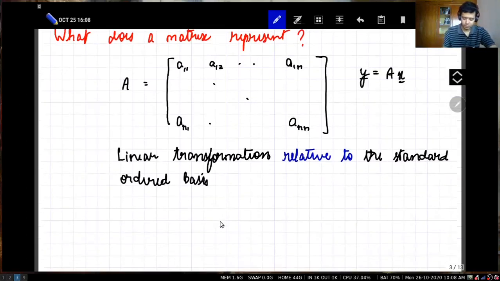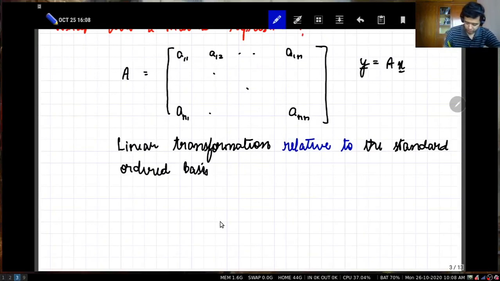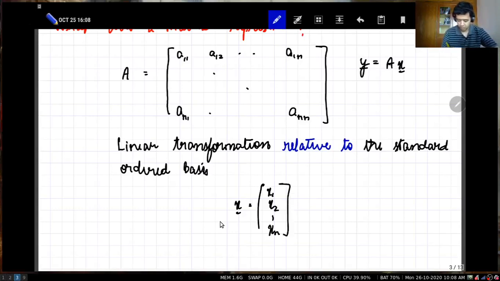If we represent x as x1 through xn, this can be written as x1 times e1 plus x2 times e2, and so on, plus xn times en, where ei is the ith standard ordered basis vector, which is the vector whose ith entry is 1 and all the other entries are 0.